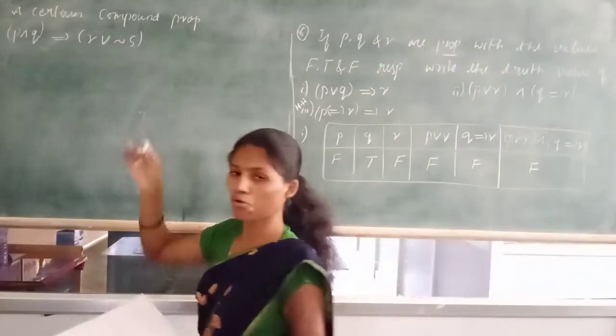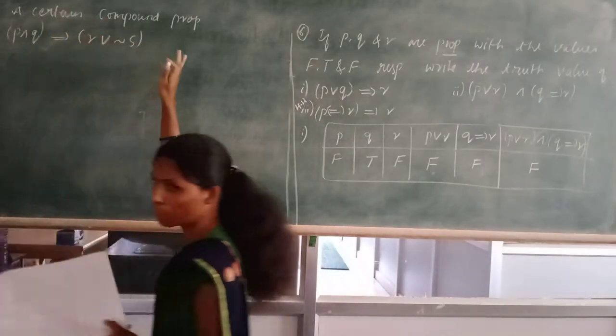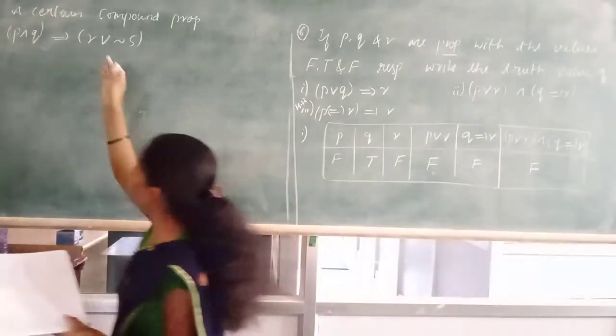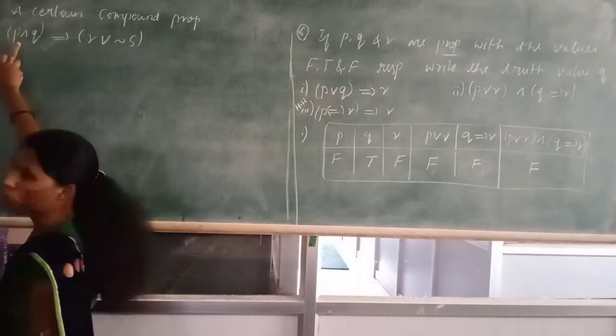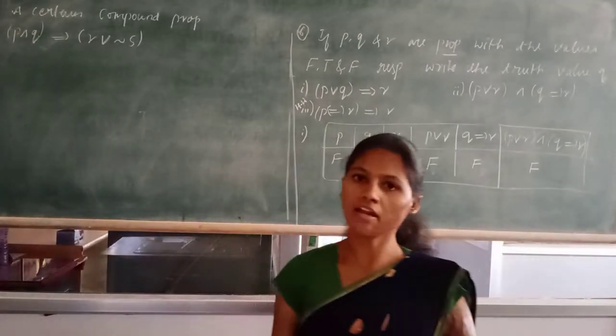They are given in the question. Okay, this whole proposition is to be false. We have to find out these component values. Okay, P, Q, R and S values.